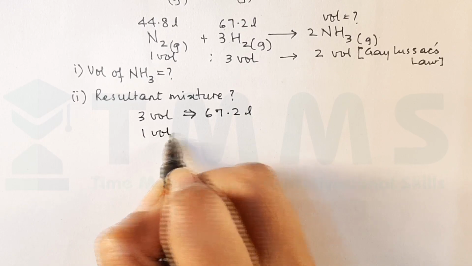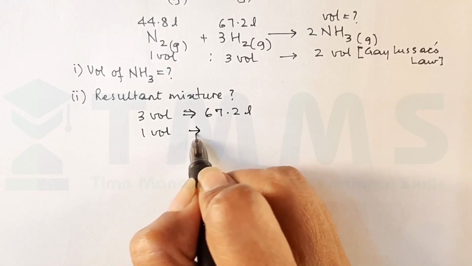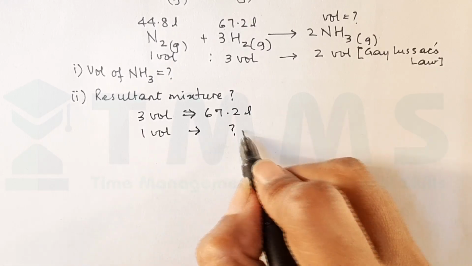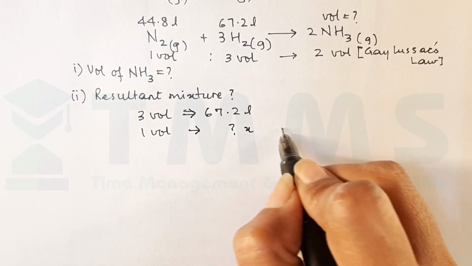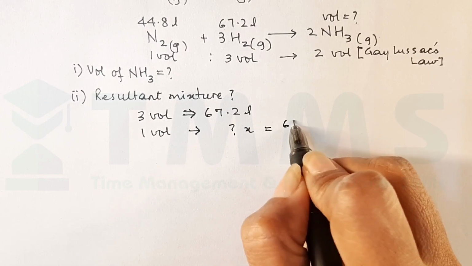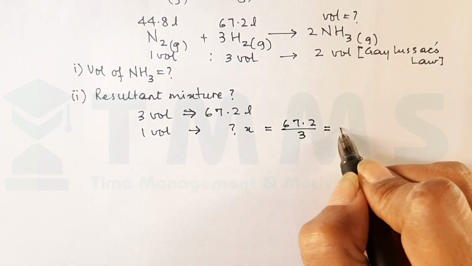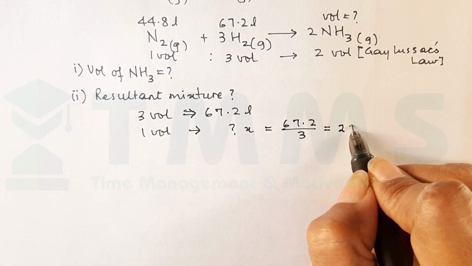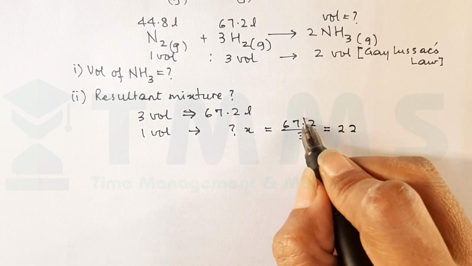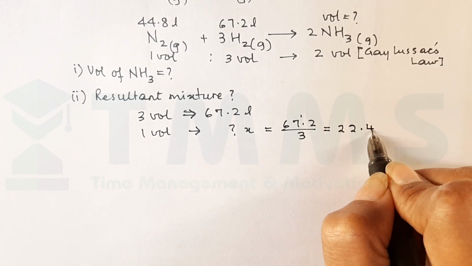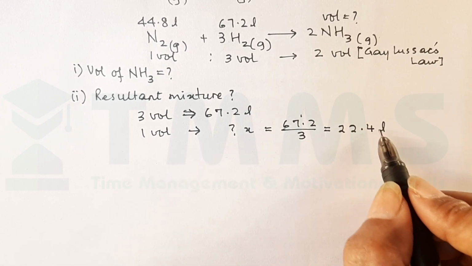So 1 volume is going to be how much? And so this, if I call it X, will be equal to 67.2 upon 3. How much is that? 3 to 6, then again 3 to 6, and remain 1 and 22.4. This is our tip number 2.